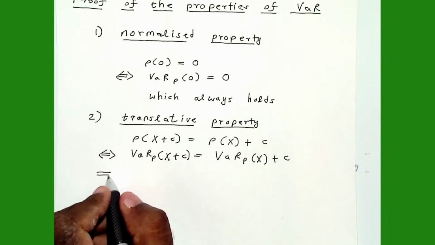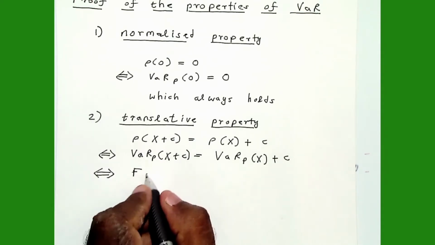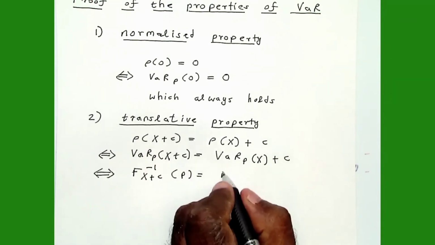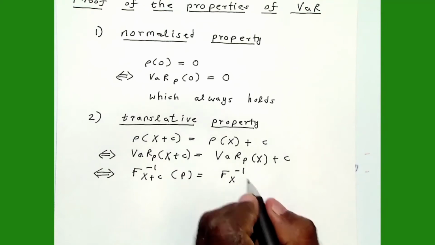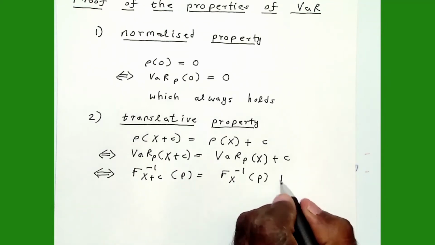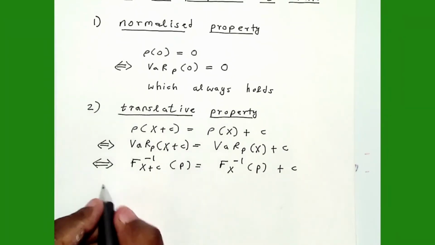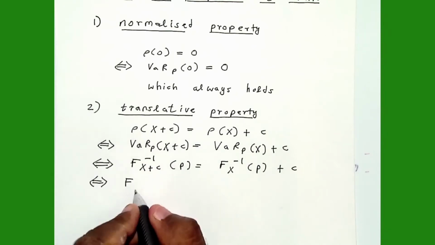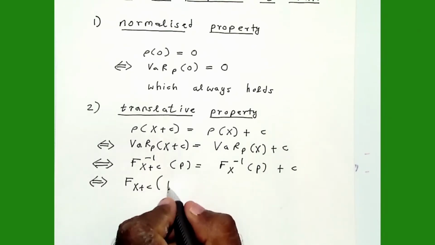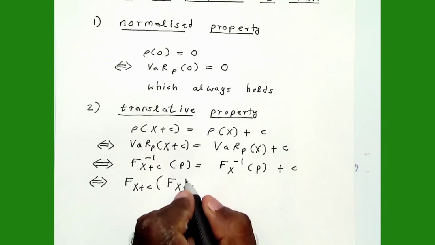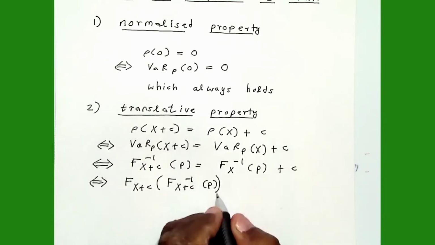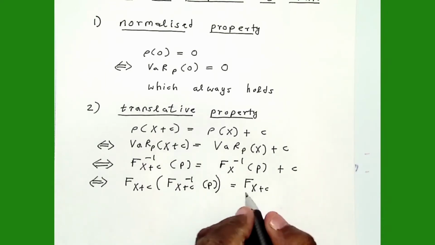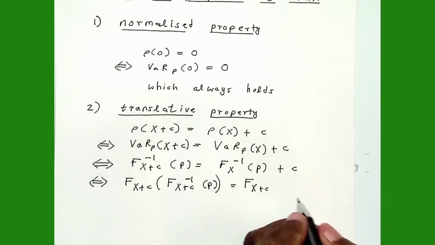So this you can write as this, right? And this is the same as saying, so what I'm doing here is I'm taking the F of X plus c on both sides.